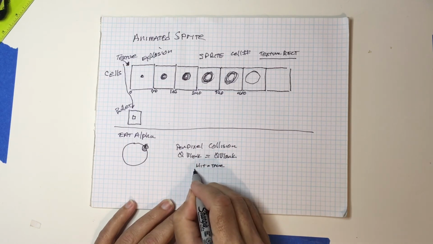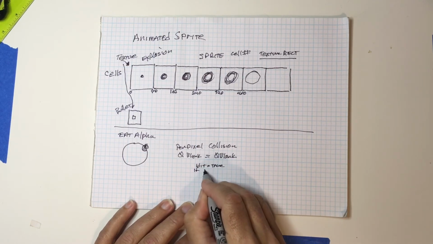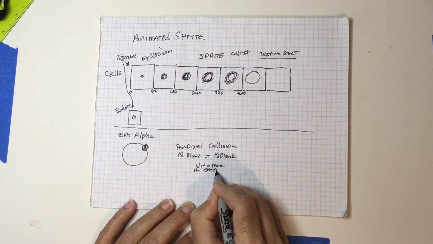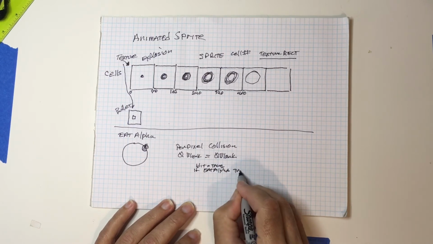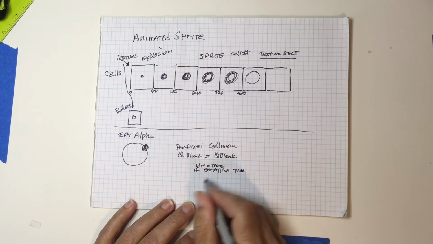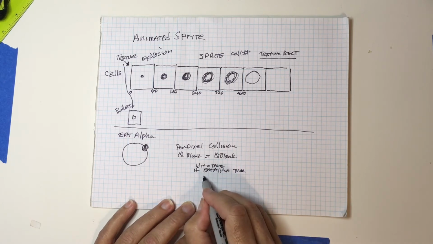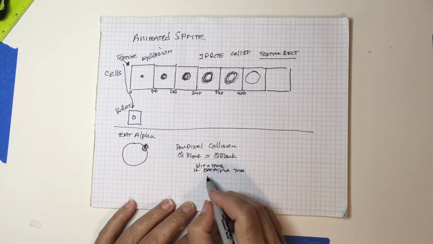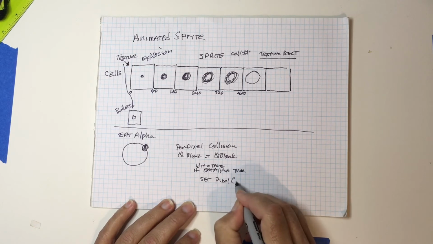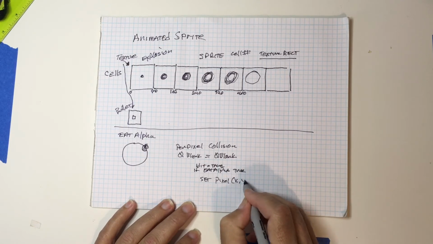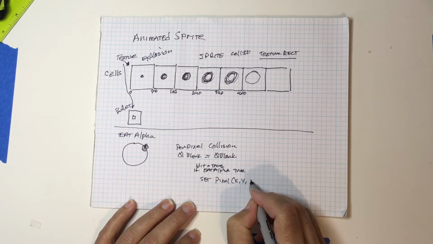Now the other thing we can do is see if the eat alpha is true. Then instead of getting the pixels, we can say set pixel, and say what our current X and current Y is and set it to clear.